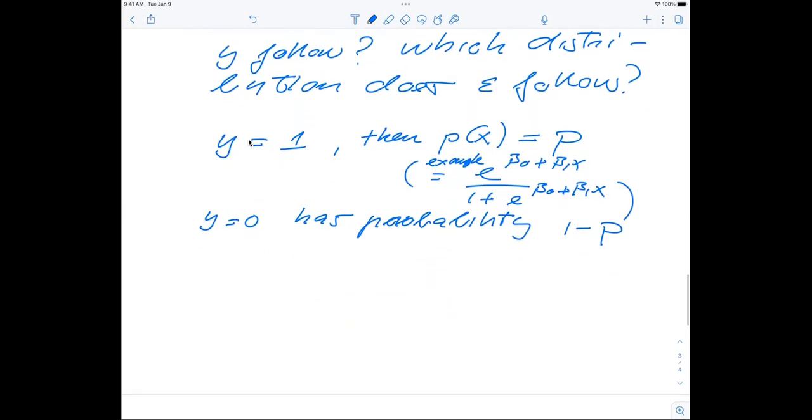Now, if y is equal to 0, then epsilon is equal to y minus P, because I have assumed now that y is equal to P of x plus epsilon.